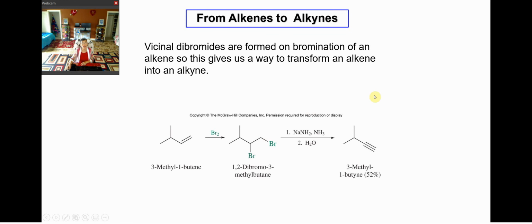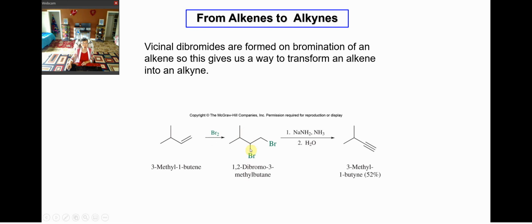So this is about dehydrohalogenation. Another formation of your alkyne can be from an alkene. What you can do is produce vicinal dihalides from your alkene. You have carbon-carbon double bonds. You are going to go through halogenation, such as bromination.